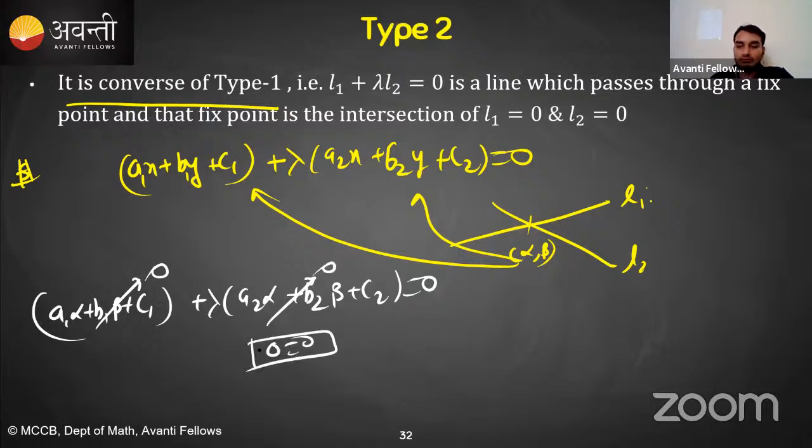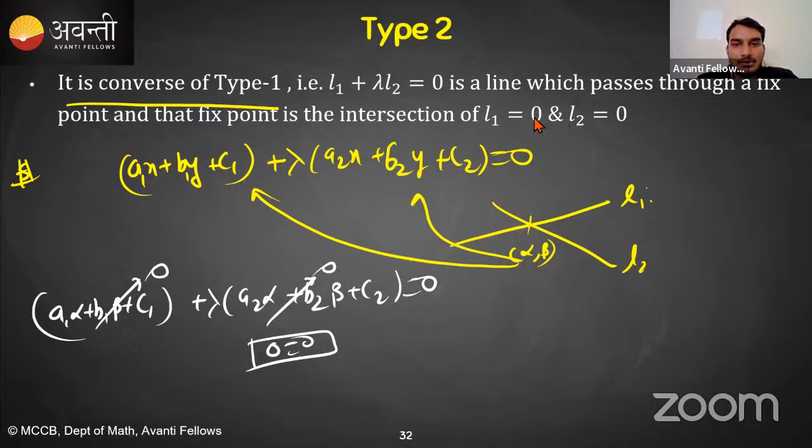Right? So whenever you come up with a situation where you are getting L1 plus lambda L2 equal to 0, it means there are two lines, L1 equal to 0 and L2 equal to 0, and this line will always pass through the point of intersection of L1 and L2. That is a fixed point. Is this clear, students?